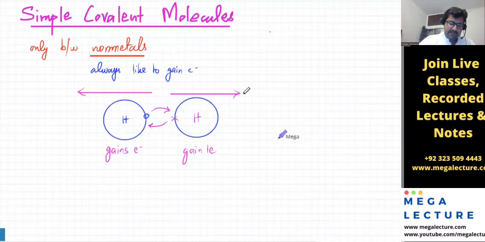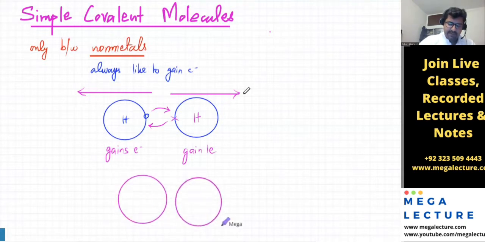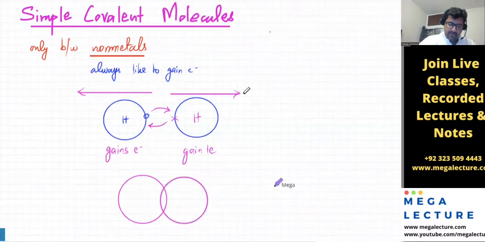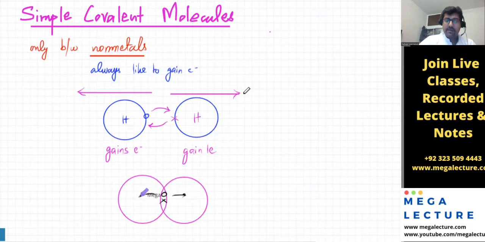This is what's going to happen, that the two hydrogen atoms are basically fighting over electrons, and the electrons are now stuck in the middle. One of them is trying to pull electrons to this side, the other one is trying to pull electrons to the left side. The electrons then kind of get stuck in the middle. Again, that's what is known as a covalent bond.